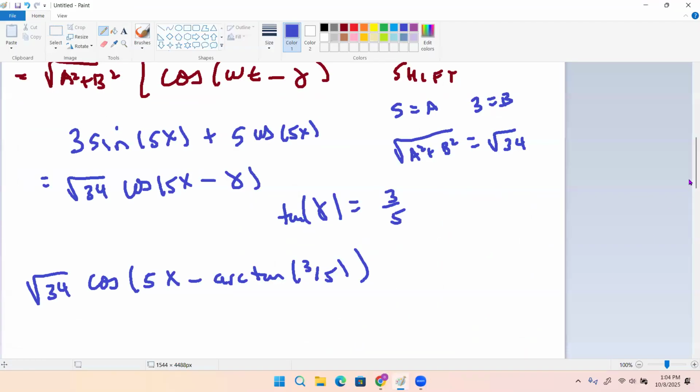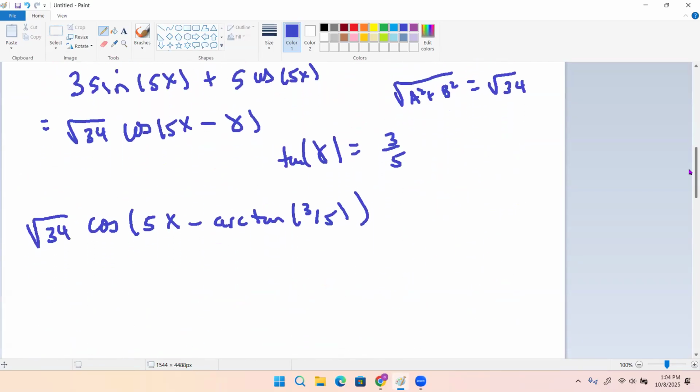Now let's do it the other way. Let's write this as a single sine. Here's our triangle. I'm going to write the 3 here and the 5 here. The hypotenuse is still the square root of 34.